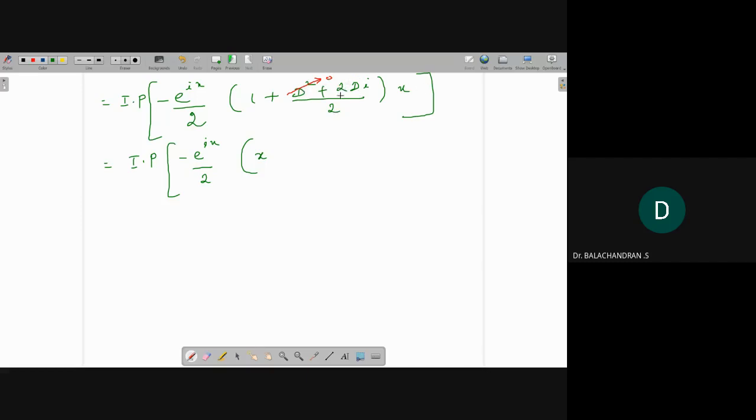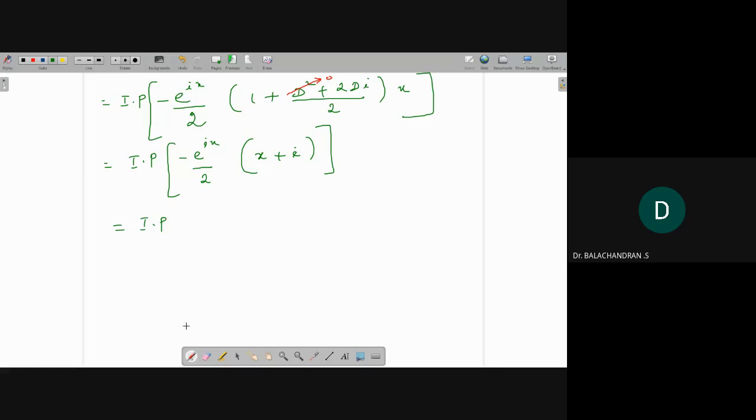So 2 gets cancelled. Differentiation of x is 1. So 1 into i, or just i. So now this is equal to the imaginary part of, I think this is constant.